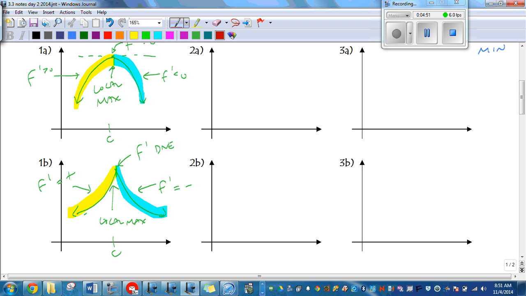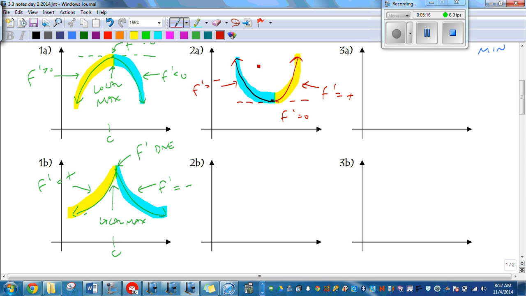For 2, this is where we have the local min. That's when the function is decreasing and then increasing. So that can happen when the derivative is 0. On this left side now, the derivative is negative. Right side, the derivative is positive.